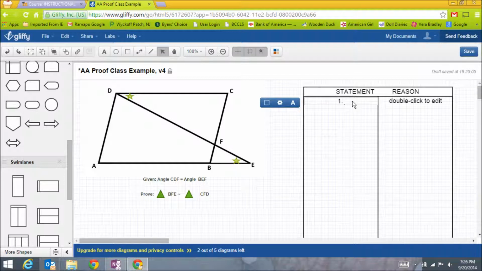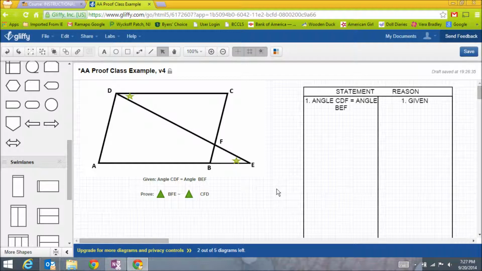So we're going to write angle CDF is equal to angle BEF. And that reason is going to be just the mere fact that this information was given. So our reason is just going to be that information was given. Now this is how we're going to start up our proof using the given information.